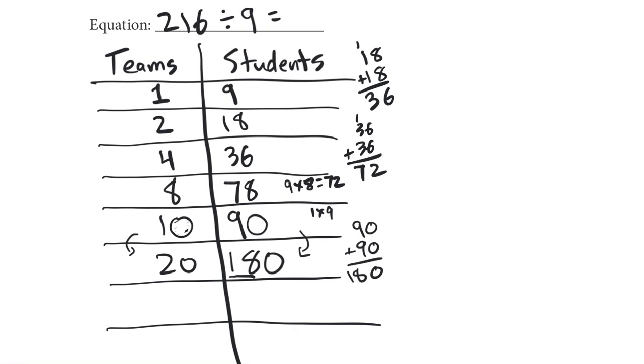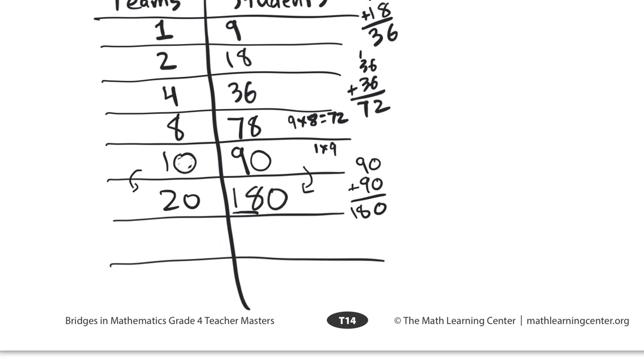Well, we could kind of slowly go through it to figure out our answer. If we're trying to get to 216, we could do 21, and then 22, and then 23. Well, let's simplify it a little bit by thinking this way. We know that the answer we're trying to get to is 216. That's an even number.